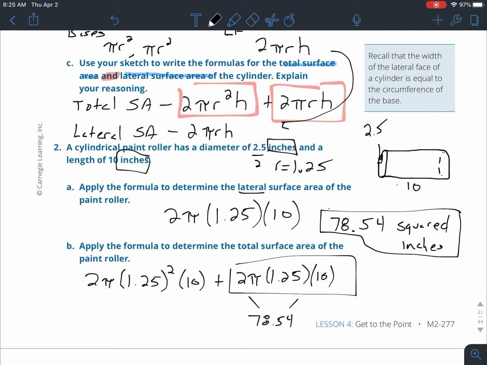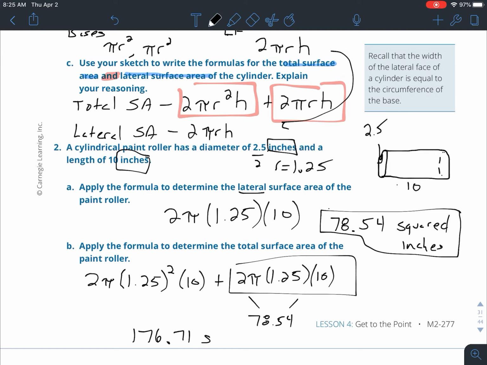98.174, and now we just add 78.54 to that, and our answer comes out to be 176.71, because the last number is a 0.714. 4 is not higher than 5, so we have to round it down.